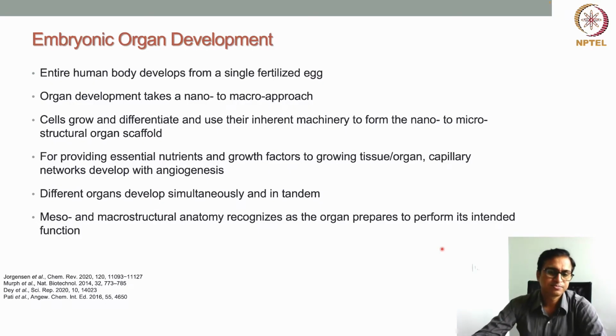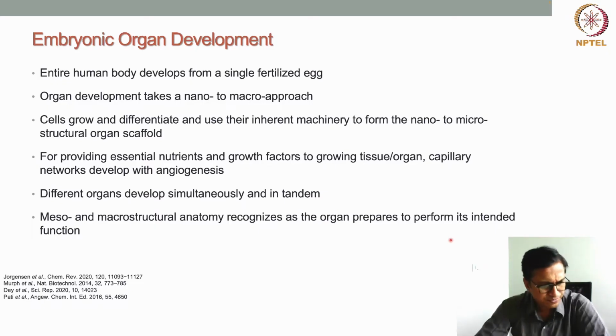And another thing is that the meso and macrostructure anatomy organizes as the organ prepares to perform its intended function. As we have discussed in earlier lectures, different tissues and organs have a characteristic micro and macro structure that is required to fulfill the function of that particular organ.